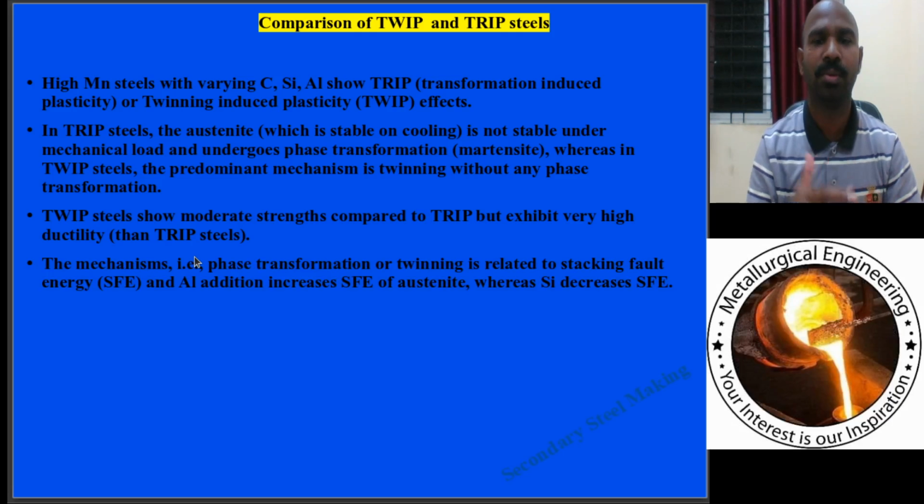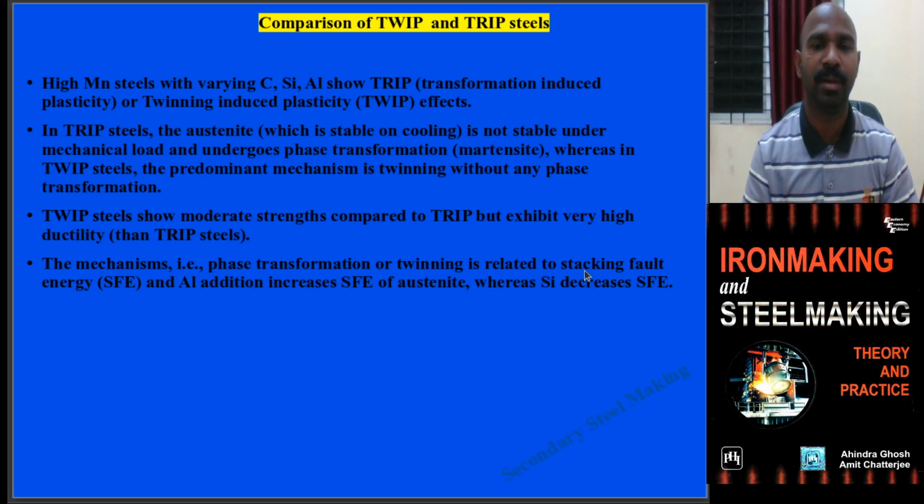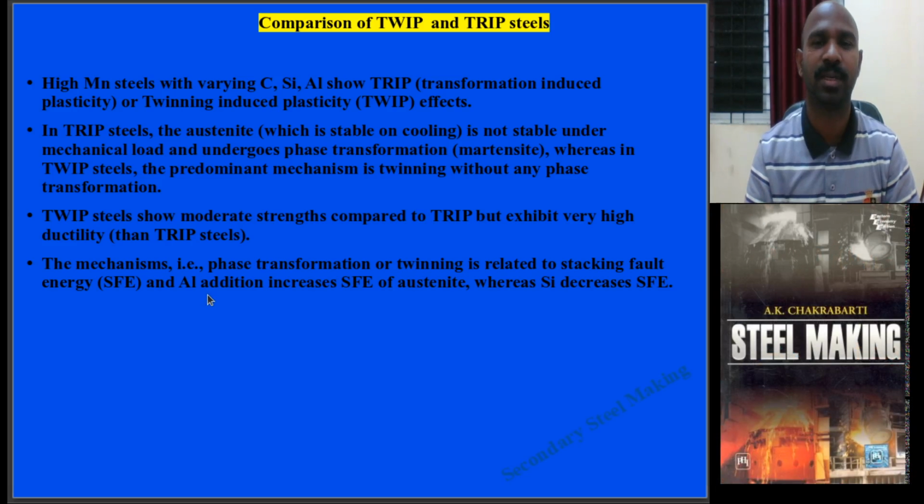That is another point of difference, and the phase transformation in the TRIP and twinning effect are mainly related to the stacking fault energies. This mainly came because of the addition of aluminium.